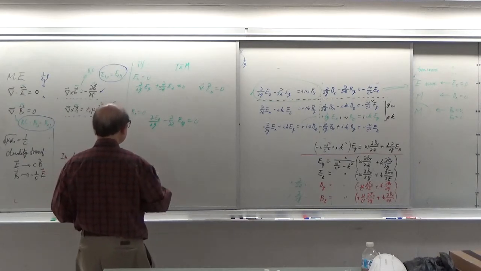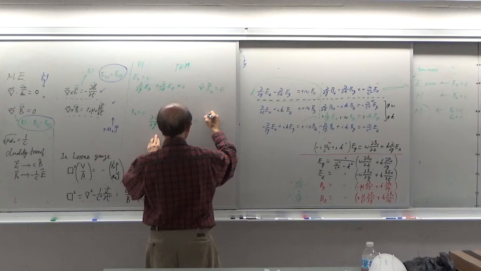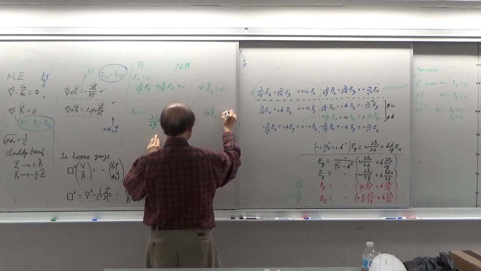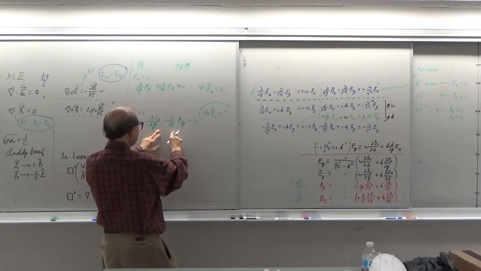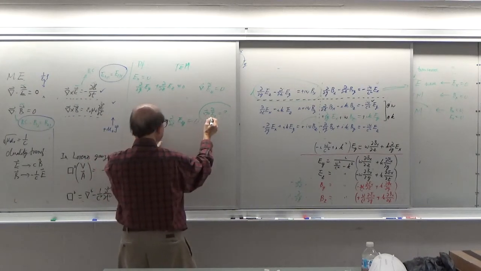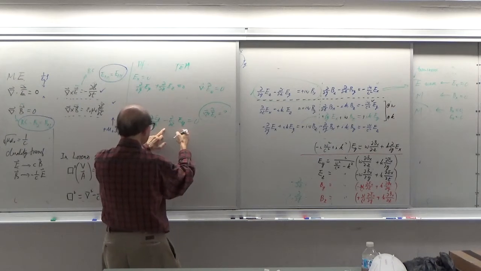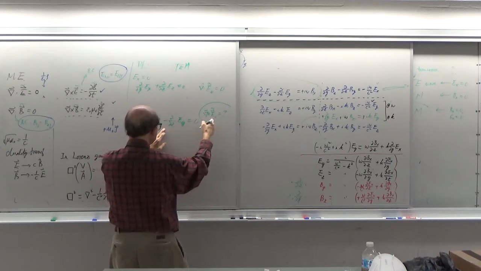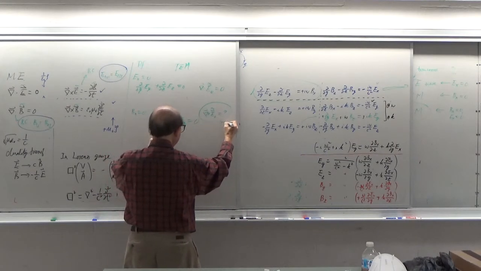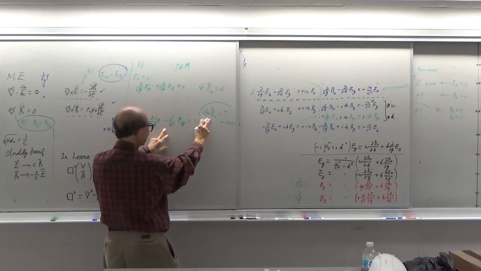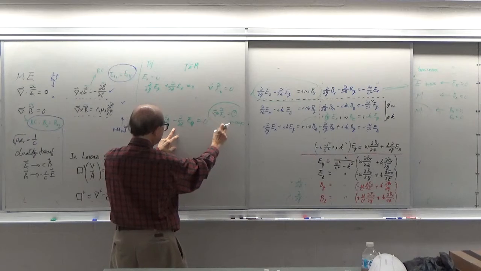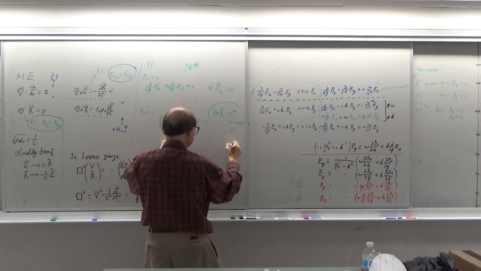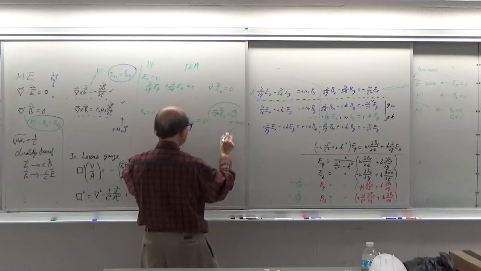Okay. So now let me take a look at the curl of E naught. Already we see that the x component of this is correct. So this equation is the x component of this curl-less condition. Take the x component, I draw this x, y, z clockwise.